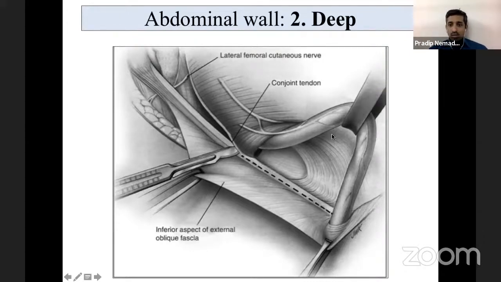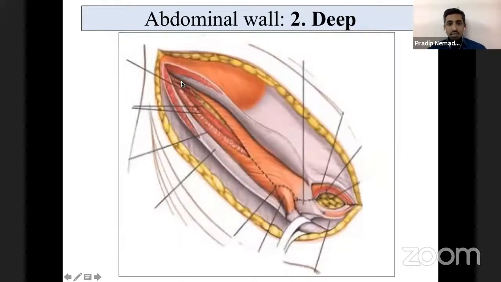And we have the spermatic cord like this, which goes from the deep inguinal ring to the superficial inguinal ring. So we split the inguinal ligament into the superior half and inferior half, and take our incision like that. Once we have done that, we will expose the lateral femoral cutaneous nerve there. So this is the way. Again, in the diagram it is shown that it is going through the muscle. So sometimes you can go through the muscle, or you can just split the inguinal ligament like that.